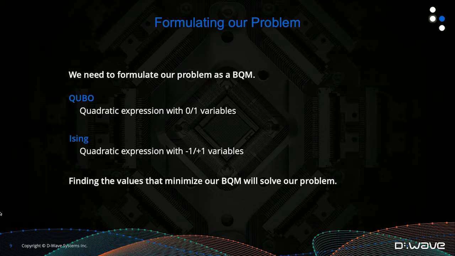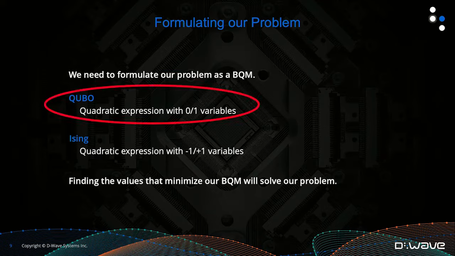Now, both of these are mathematically equivalent. So if you're familiar and comfortable working in one domain or the other, feel free to stick with that domain. And our Ocean SDK will even allow you to switch back and forth and convert one to the other. So for this problem, we're going to use this QUBO form. My background's math and computer science. I'm always partial to the 0, 1 form. So that tends to be what I stick with.